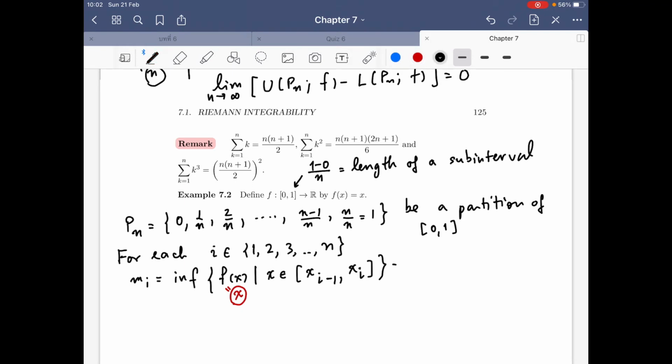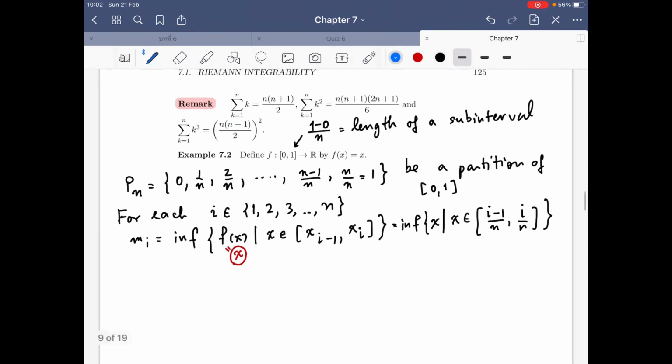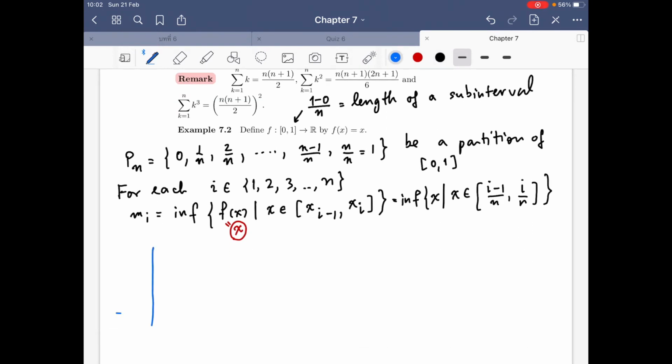So let me elaborate a little bit. This is x, whenever x is in the closed interval from (i-1)/n to i/n, right? If you want, you may draw the curve, y equals x, and this is the subdivision. For example, this is 1, this is 0.